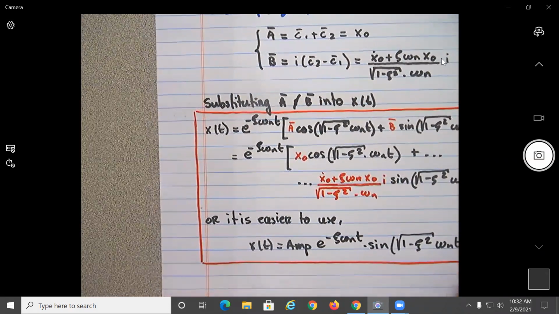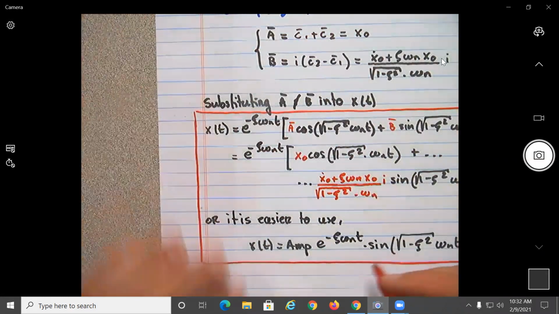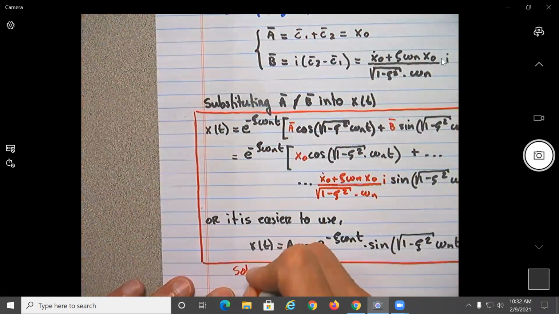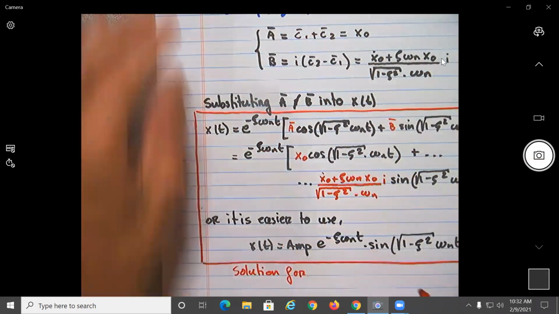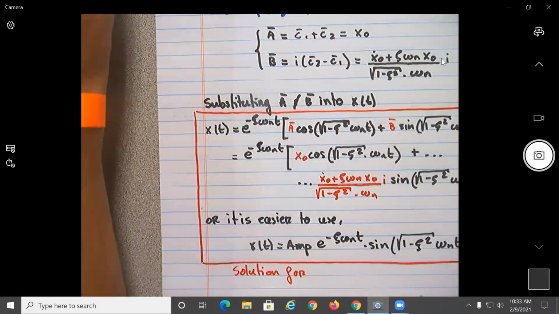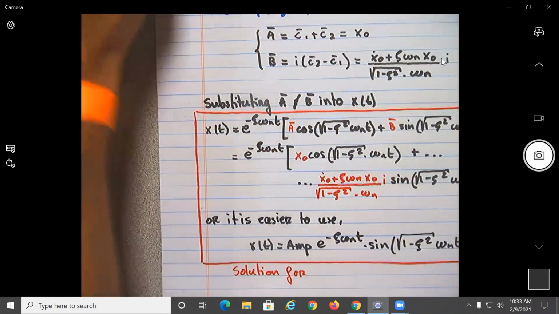Okay, so this will be what? The solution for underdamped. Okay, so let's see. So solution for underdamped.